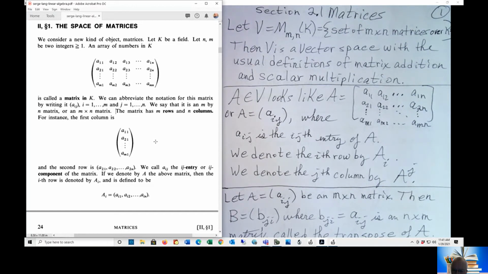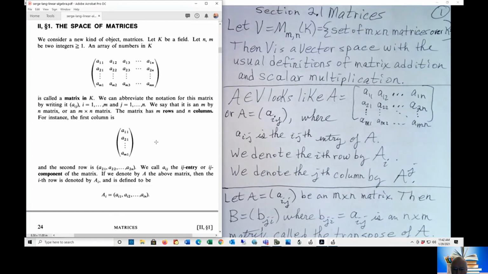Then the matrices form a vector space over field K with the usual definitions of matrix addition and scalar multiplication.